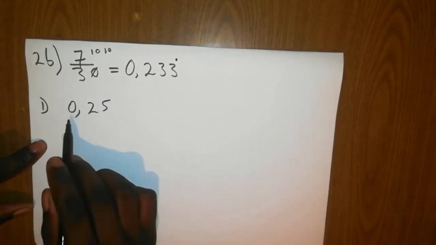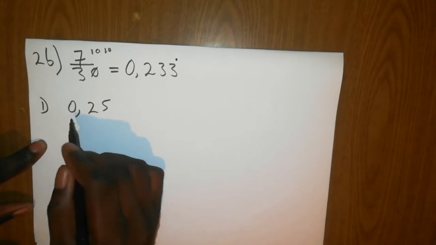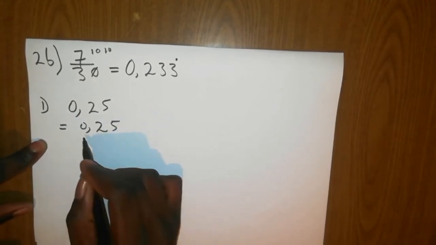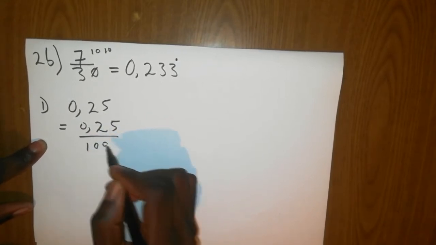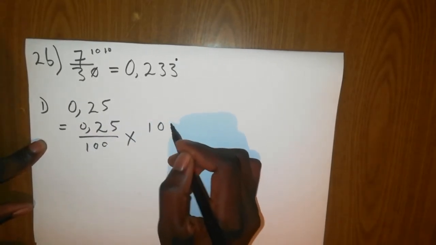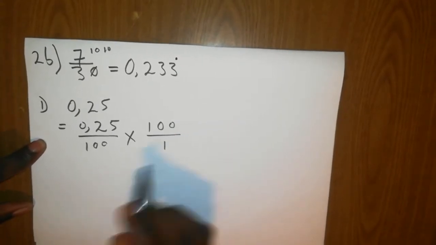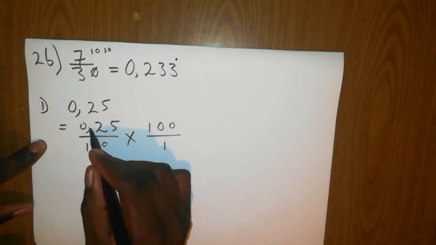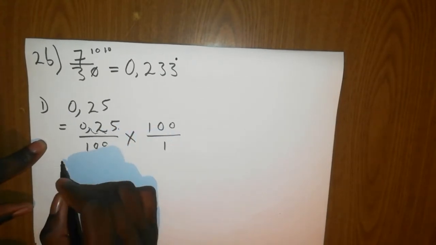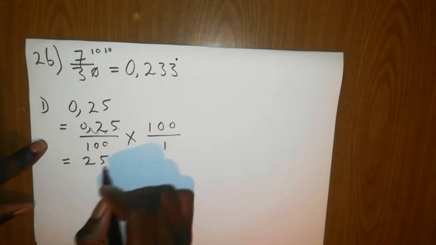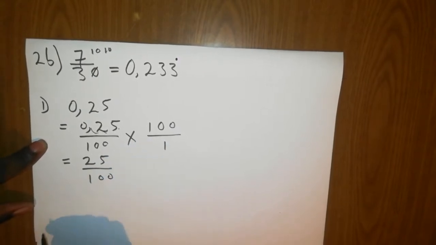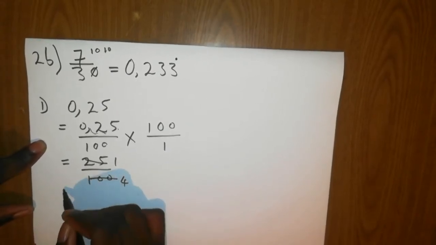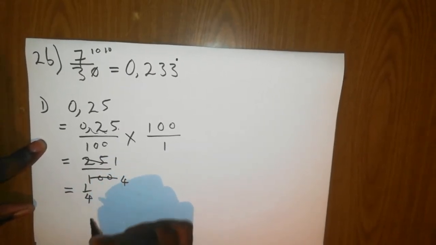So in this case, we're going to use 100. So it's going to be equal to 0,25 over 100 times 100 over 1. Here, this 100 is going to move this comma 1, 2. So we are going to have 25 over 100. Then we reduce this fraction. 25 into 25, 1. 25 into 100 is 4. So automatically our answer is equal to a quarter.